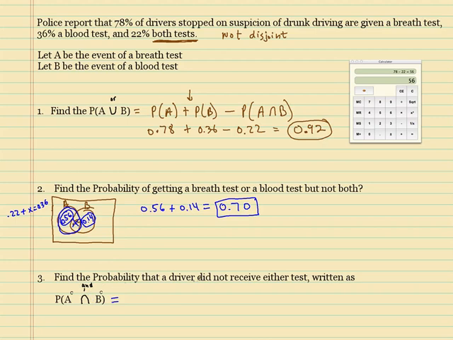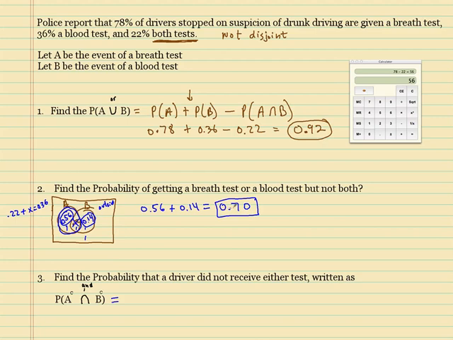Now find the probability that they did neither. Well, neither is on the outside. So you can find all three inside, add them up, and subtract from 1, because neither is on the outside, and all of these add up to 1. I added these outside two already and got 70, so I'm missing the middle.